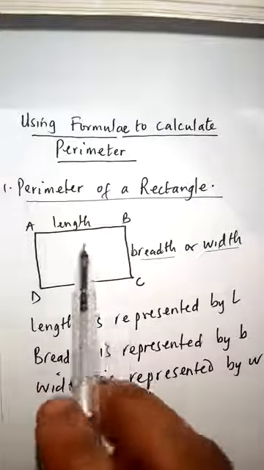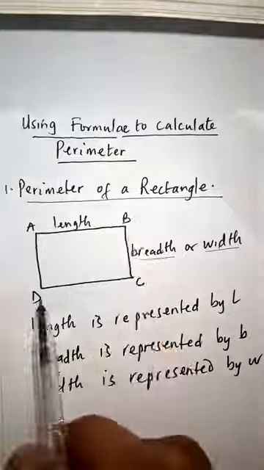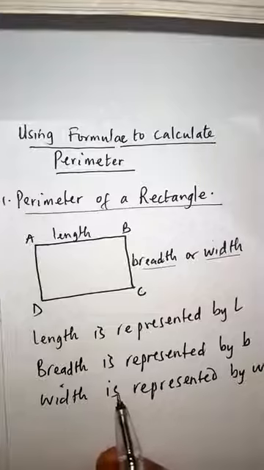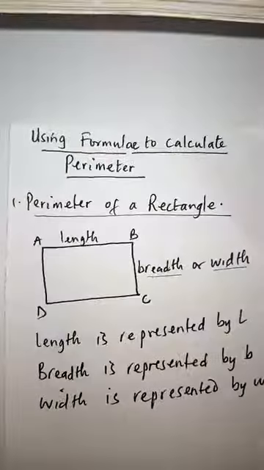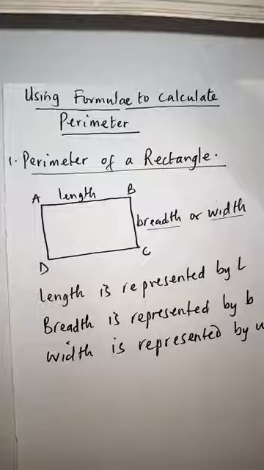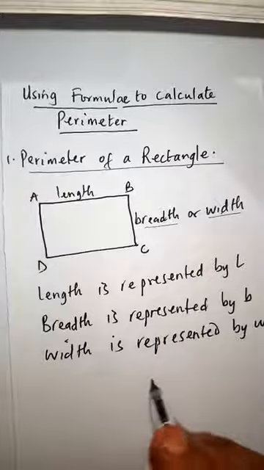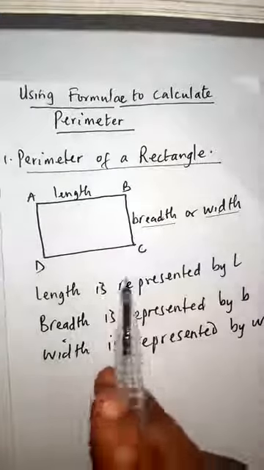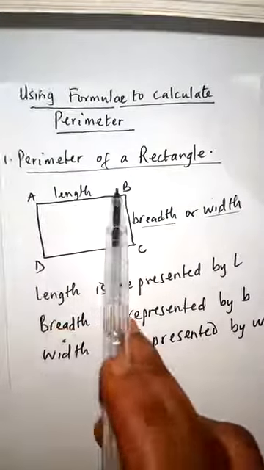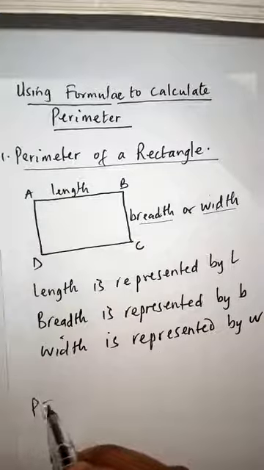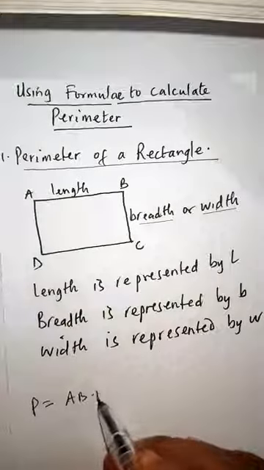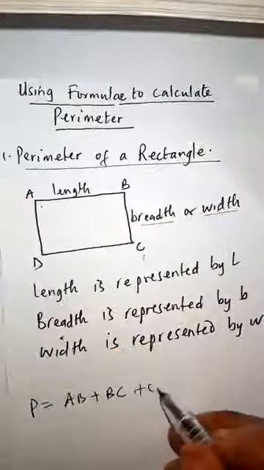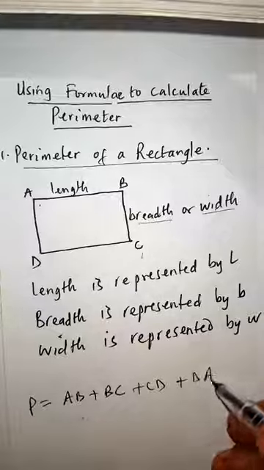Instead of using AB, BC, CD, and DA, there is a formula to calculate the perimeter of a rectangle. Like in the previous video, when we were to calculate the perimeter, what we did was to get AB plus BC plus CD plus DA.